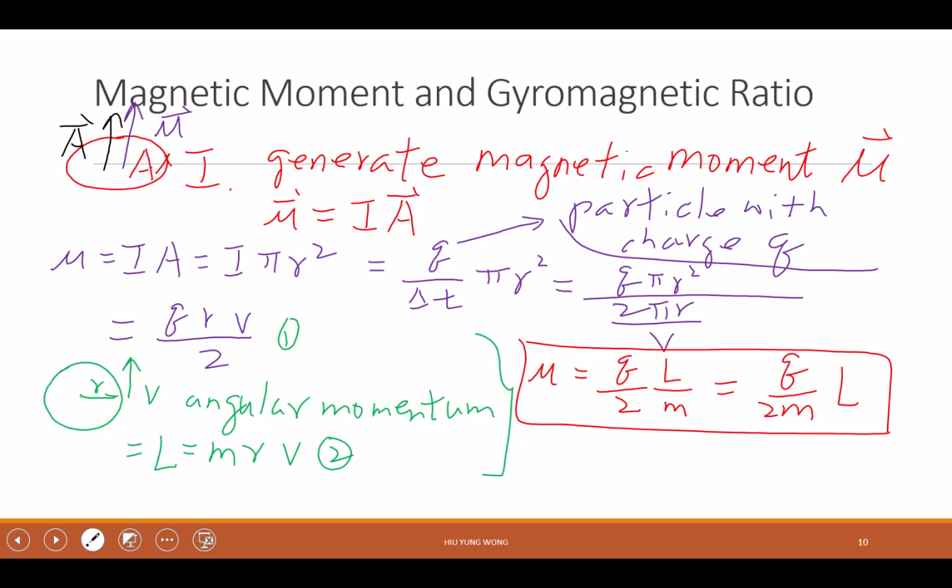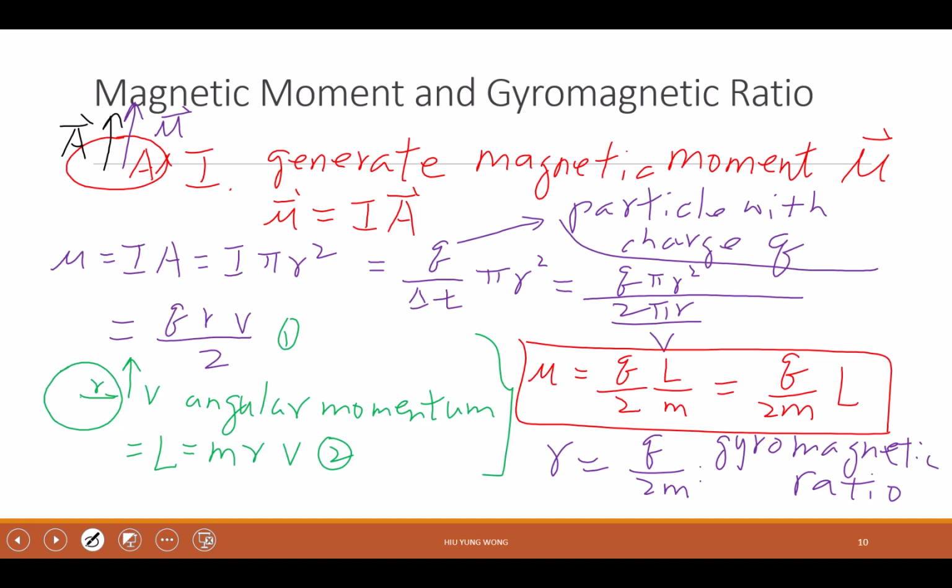And their ratio, gamma equals Q divided by 2m, is the so-called gyromagnetic ratio. So you give me the angular momentum, I can find the magnetic moment based on the gyromagnetic ratio.